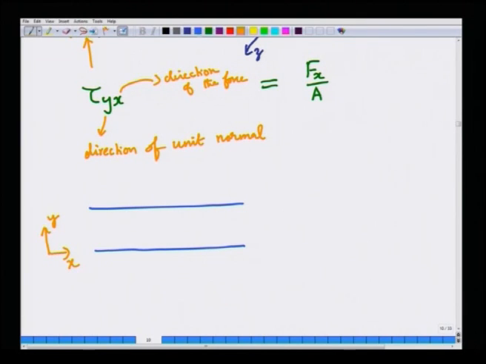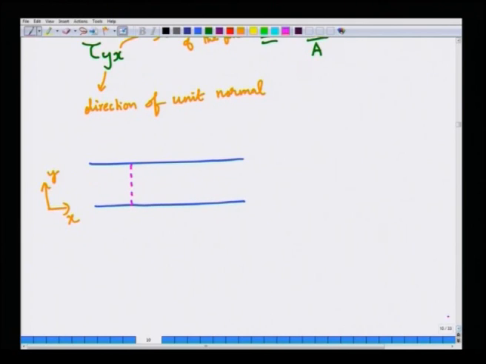So, in the unstressed state, if you keep a solid, now suppose you are marking a line in the solid. Okay. This is the unstressed state before applying stress.